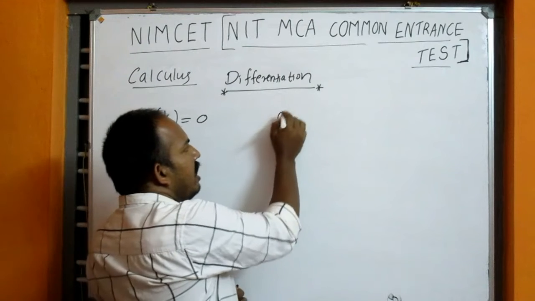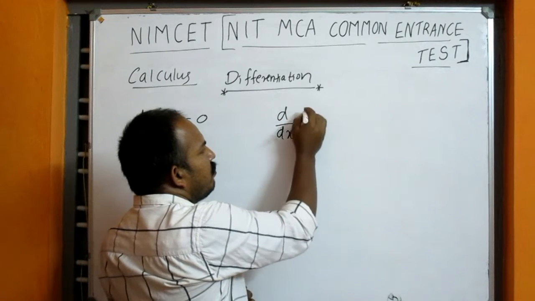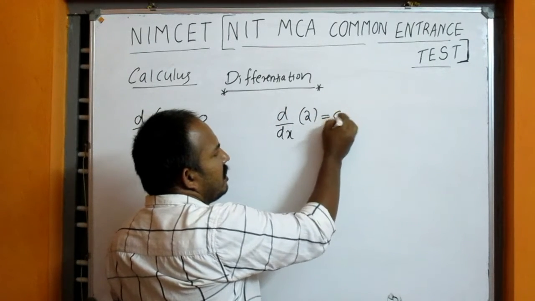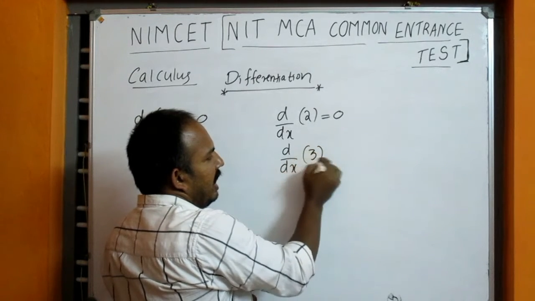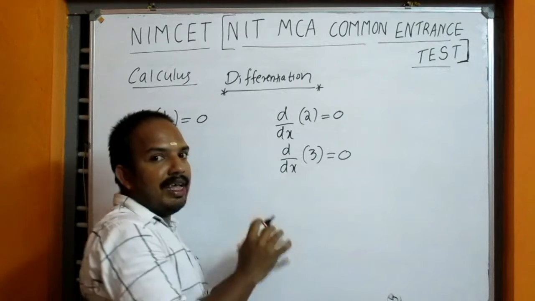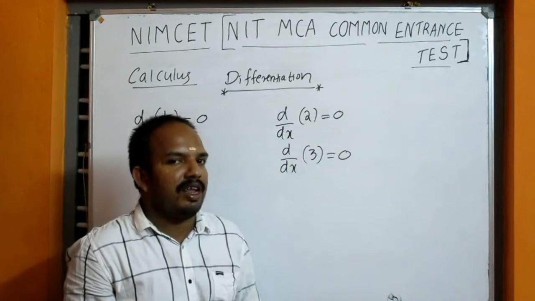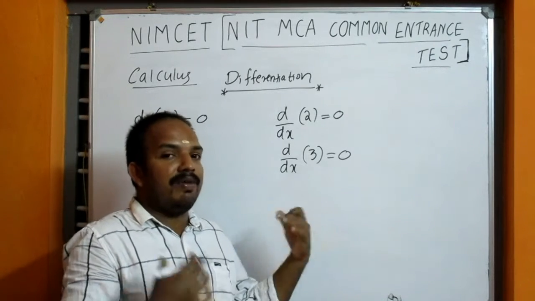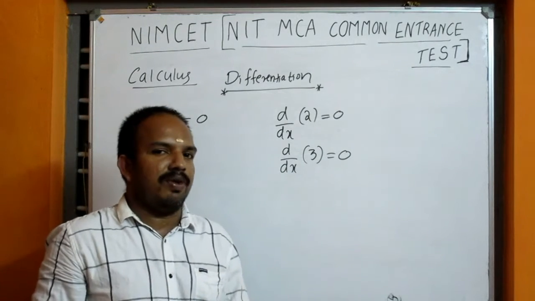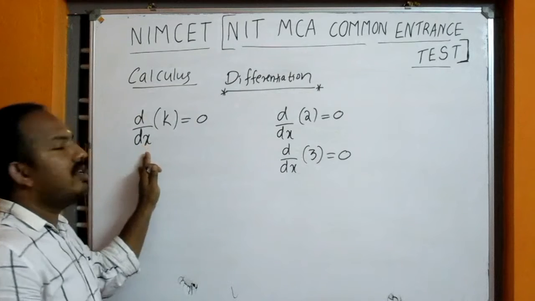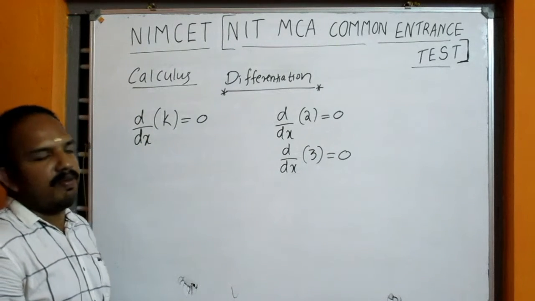For example, d by dx of 2 equals 0, d by dx of 3 equals 0. The derivative of a term without x is 0.